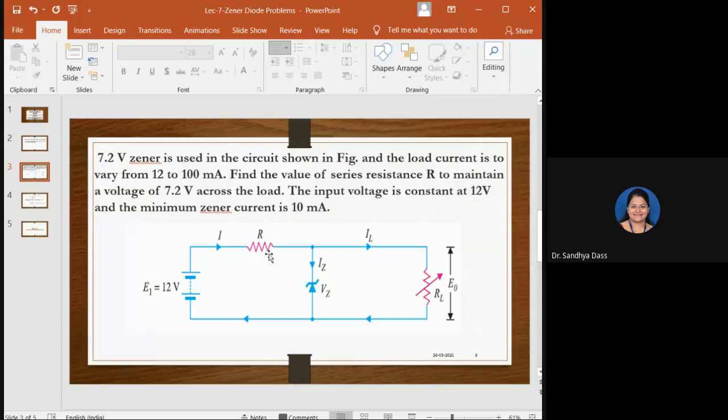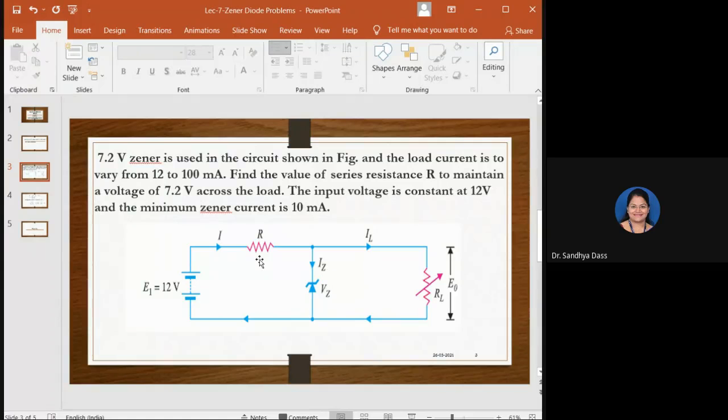Now we want the R value. We have this input voltage. We know the voltage across the Zener diode; it is specified there. What do we have to find out from this? We need to calculate R, isn't it?